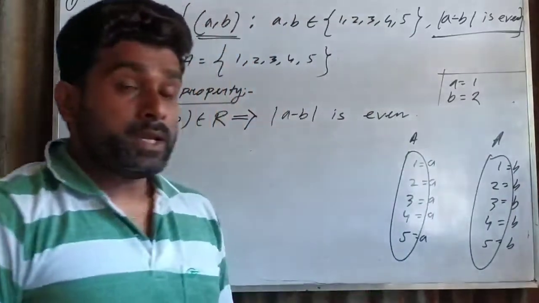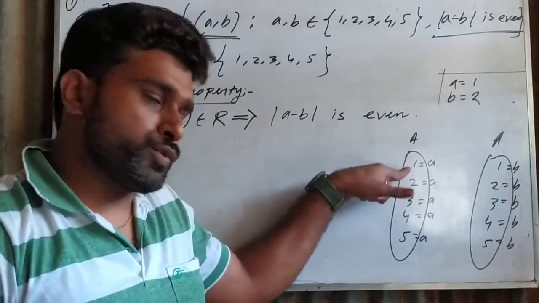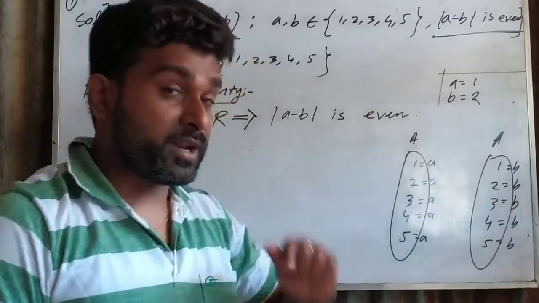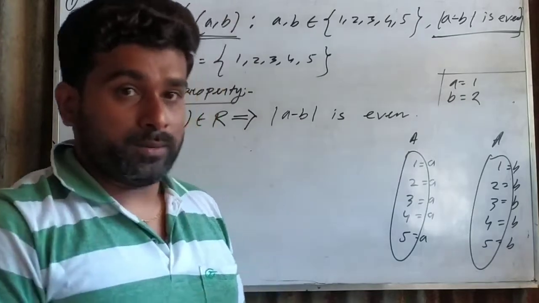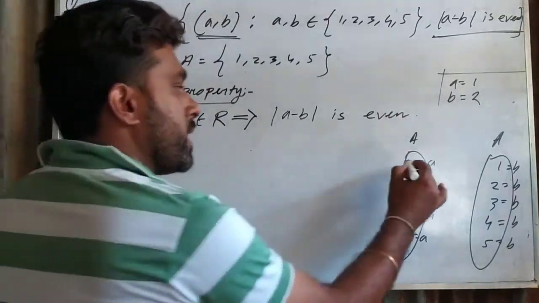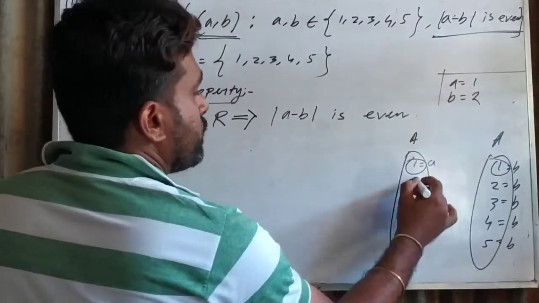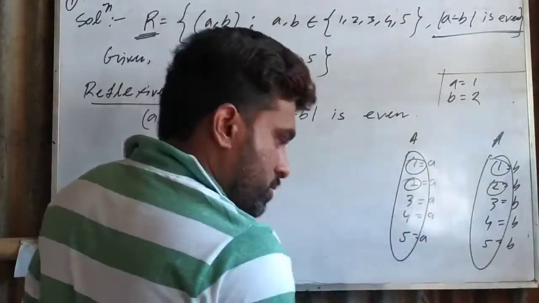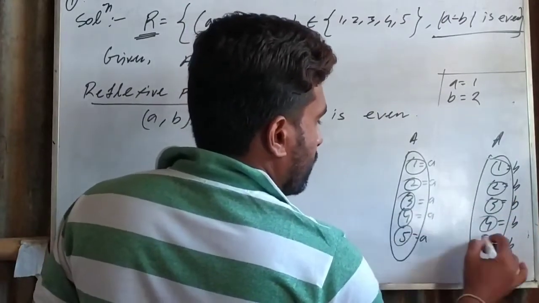Now, if you choose a equals 1, then you have to choose b equals 1, because for the reflexive property, the value of a and b should be equal. If you choose a equals 2, then b equals 2. If you choose 3, 3, 4, 4, 5, 5.